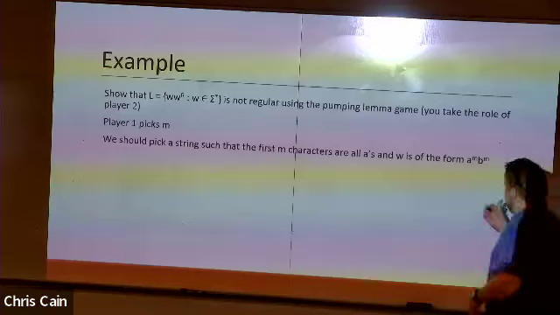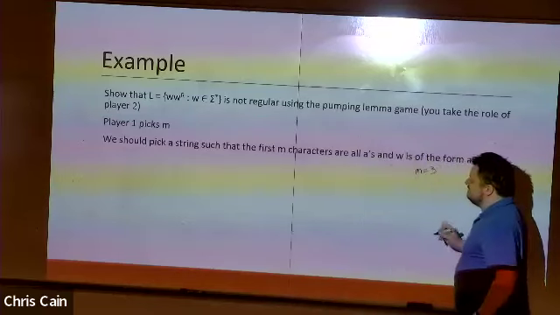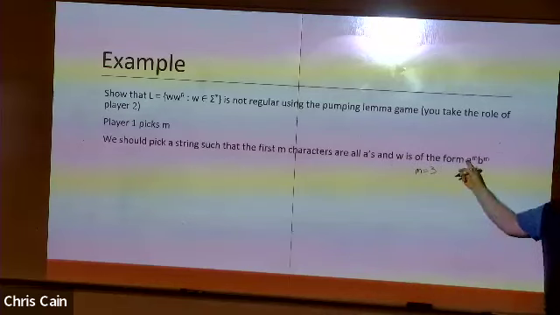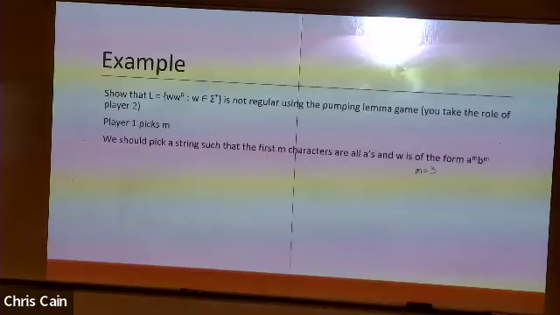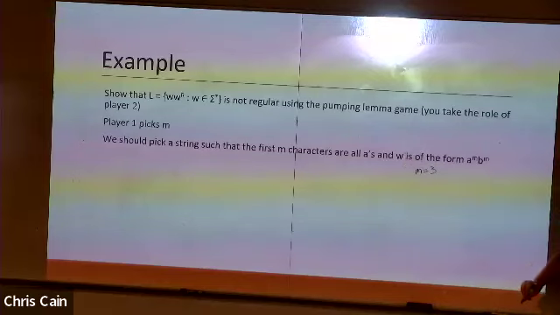Let's say M equals 3. In this case, we're saying we're going to pick a string of the form A to the M, B to the M for W. So what is the string that we are picking that represents something in the initial language?